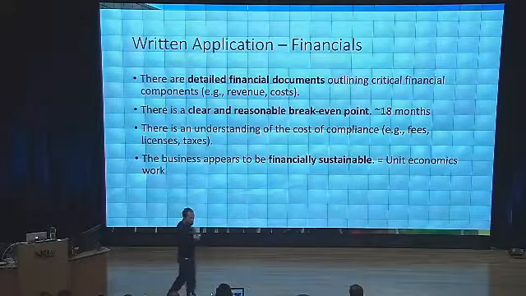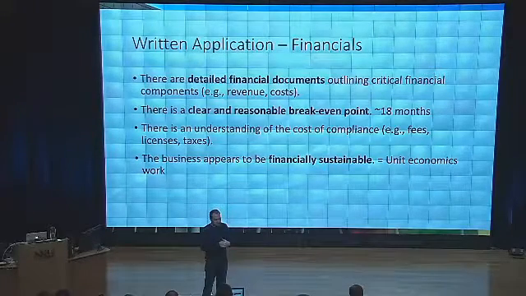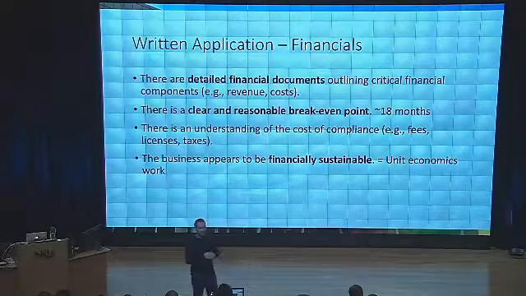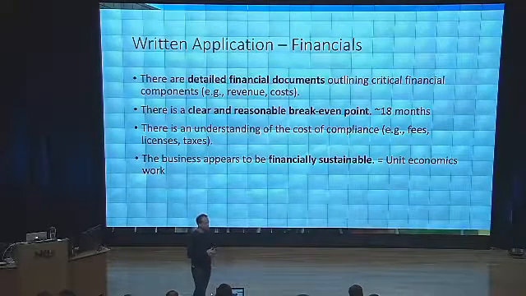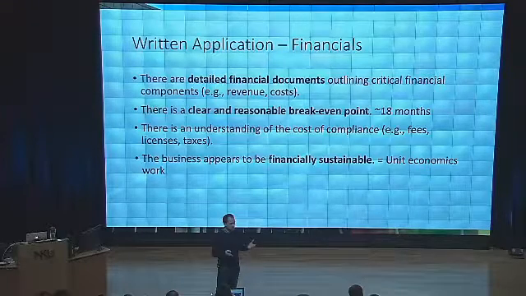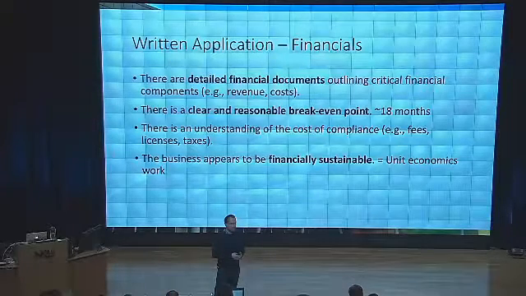There's an understanding of the cost of compliance, so fees, license, taxes. Often, even in people that are starting their business, not just high schoolers, it's anybody who's starting a business often overlooks these things. They don't think about the implications of what it costs to do business. So make sure that they understand the regional, if they're going to set up a business here in the state of Kentucky, what are the licenses they require in that county to run that type of business?